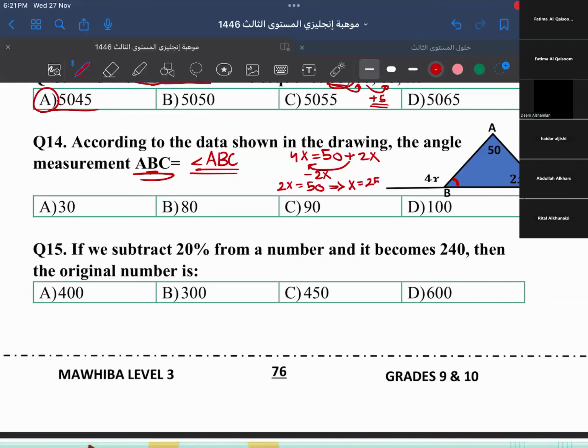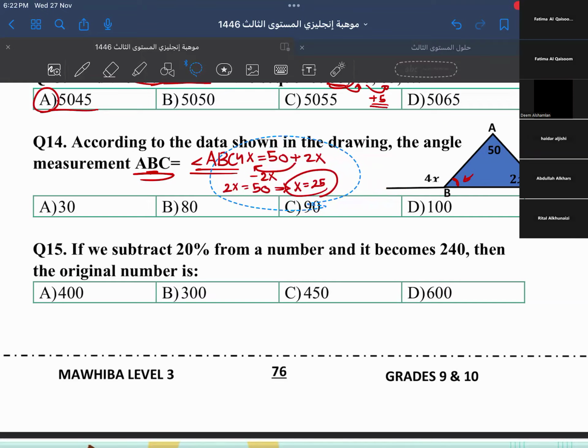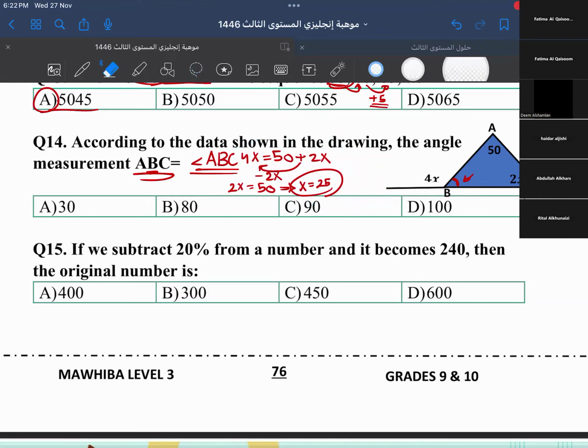Exactly, ممتاز. So x is 25. So now that we found x, we need to find this one. So how are we going to find it? The angles inside a triangle make up 180. So 180 equals 50 plus 2x plus ABC.